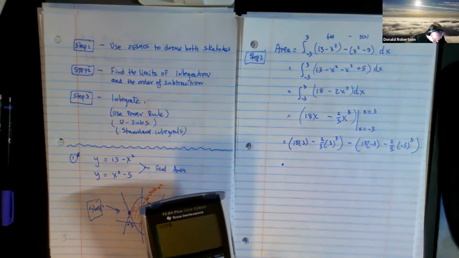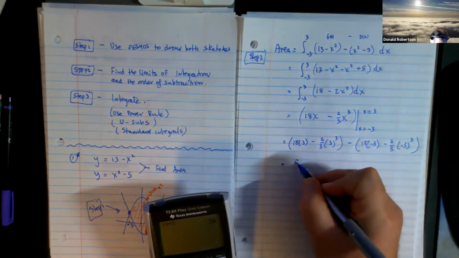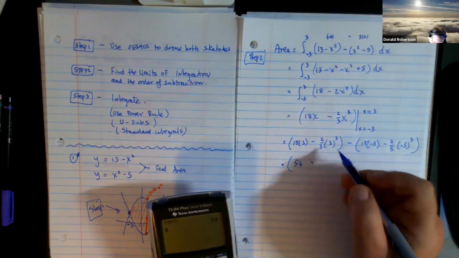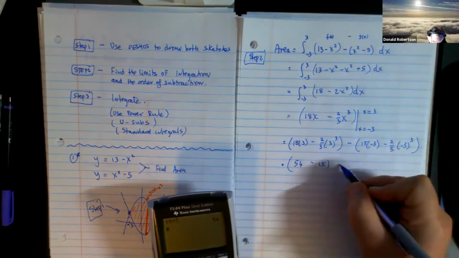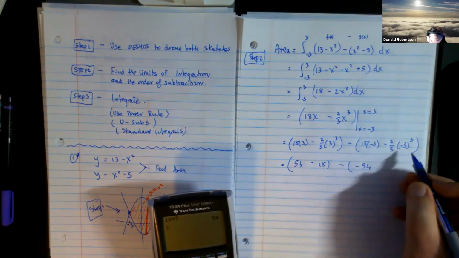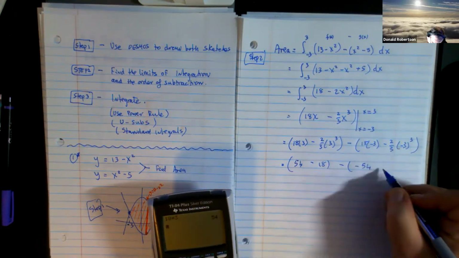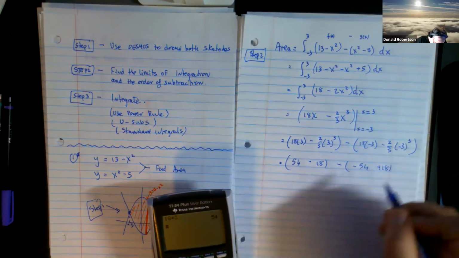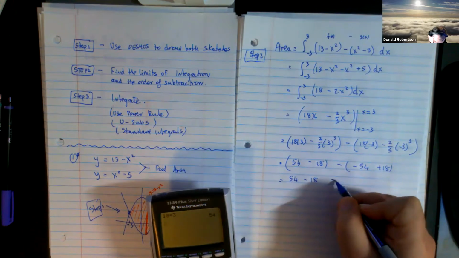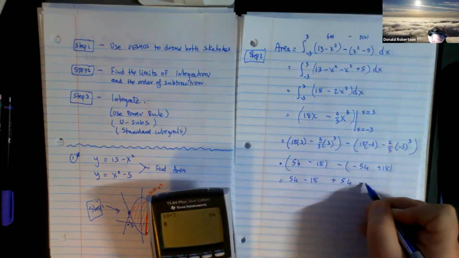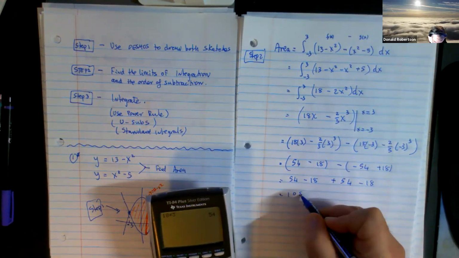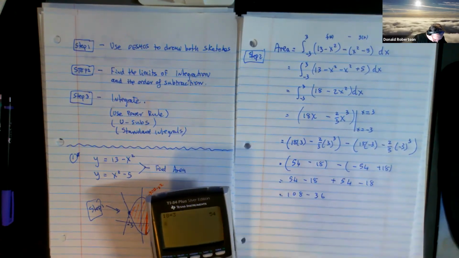This gets you 9, that gets you 18, gets you -54, this gets you +18. So we get 54, take away 18, add 54, take away 18, which is 108, take away 36.